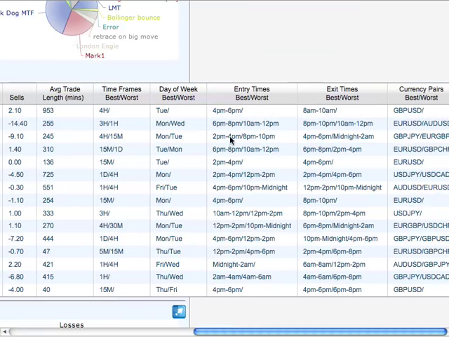We also have it broken down by entry time and exit time, so what's the best time to exit the trade for this trade type, and what's the worst time to exit. And finally, the currency pairs. What's the best currency pair for this particular trading strategy, and what's the worst?